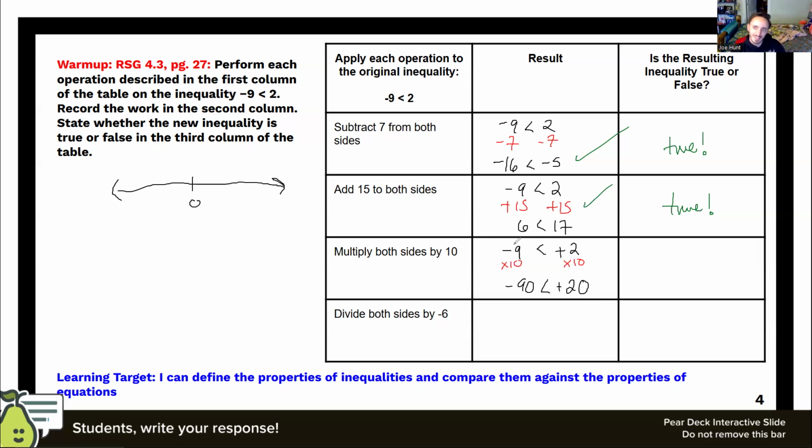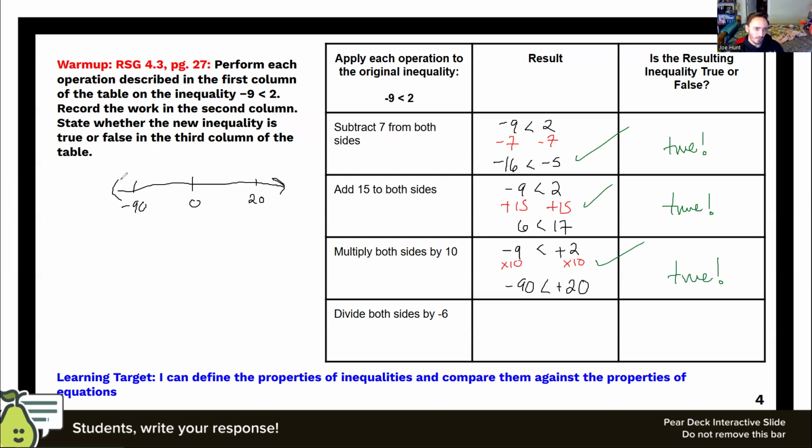So my negative 9 is now 10 times further to the left than it was. My answer for 2 is now 10 times further to the right than it was initially. And what I'm asking myself here is, is this still true? And I'll see that it works, right? Negative 90 is less than positive 20.